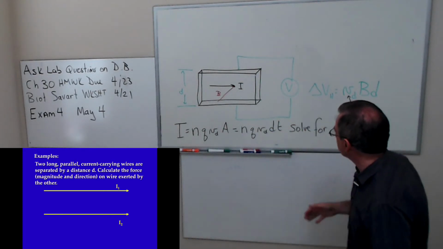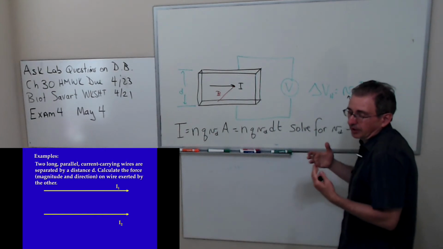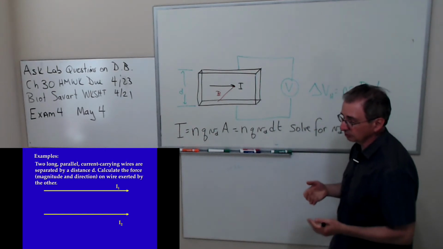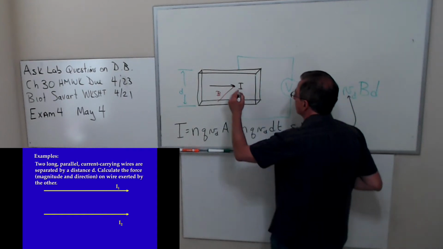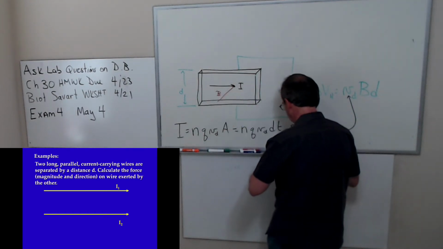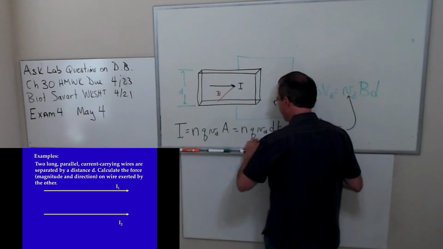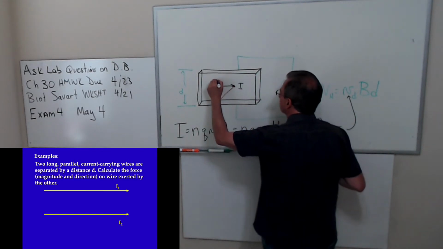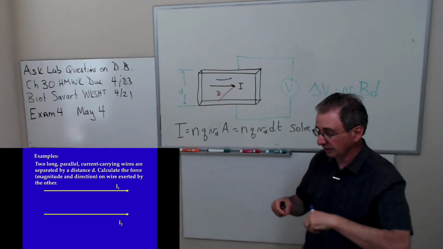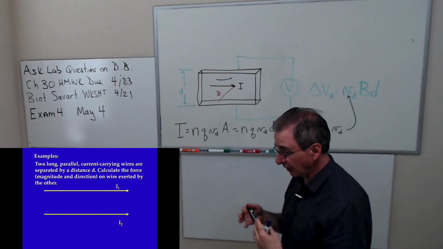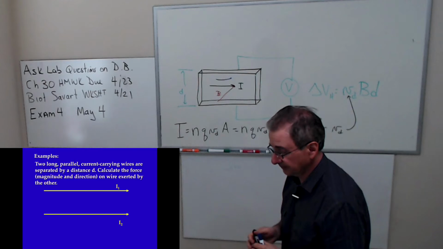If you want to go into more detail to better understand this, or at least a better model, you have to use the Drude model, the model for current, and realize that the electrons are going to be deflected upward, in this particular, let me use purple. The electrons are going to be deflected upward, but as they get deflected, they're going to collide with either electrons or with protons.